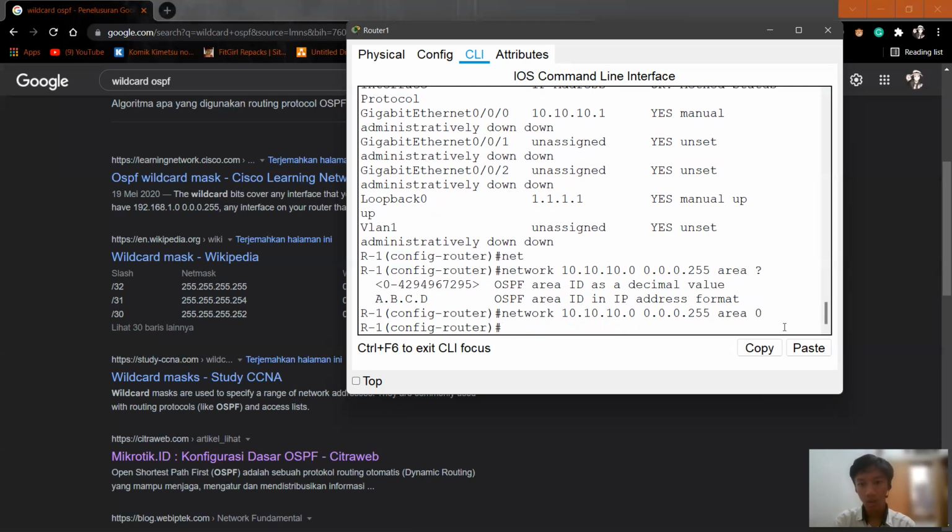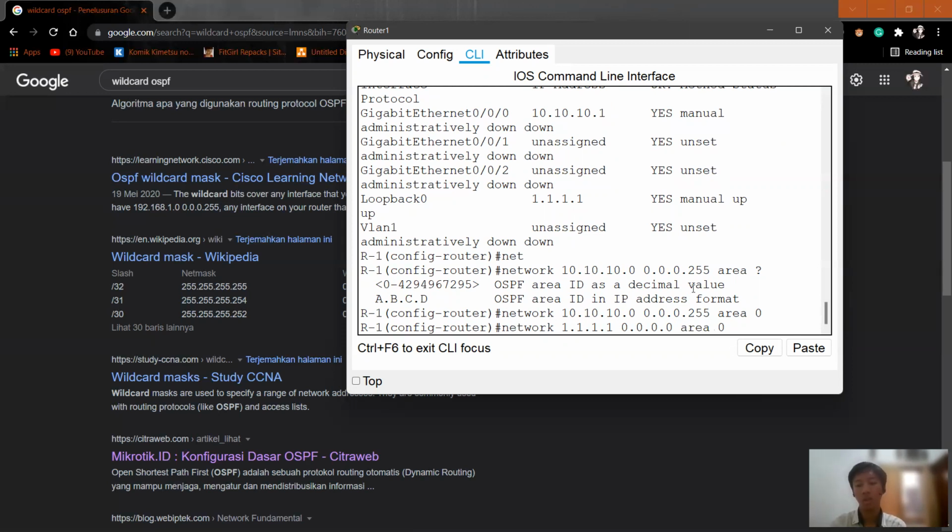Okay, and network 10.0 done, and now network 1.1.1.1. Because the loopback network is slash 32, the wildcard is 0.0.0.0, area 0.